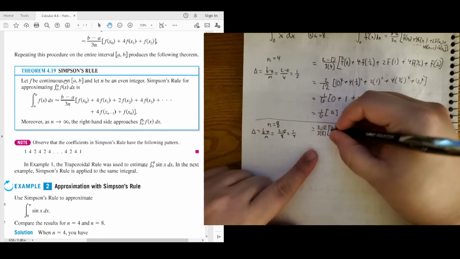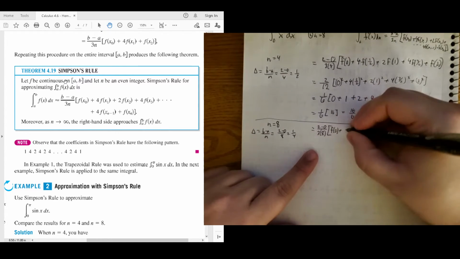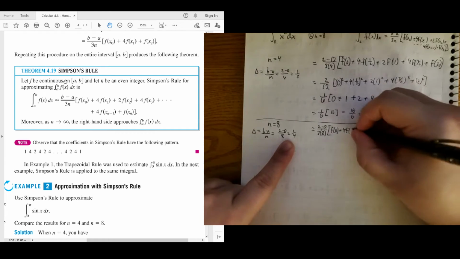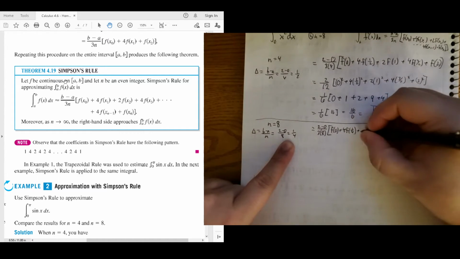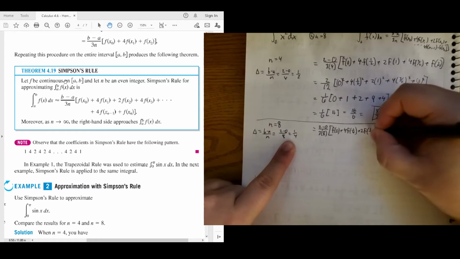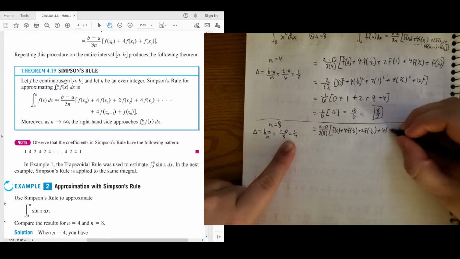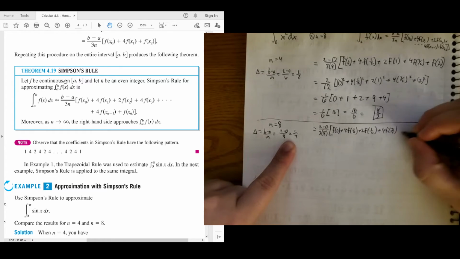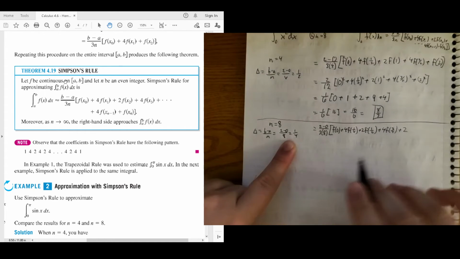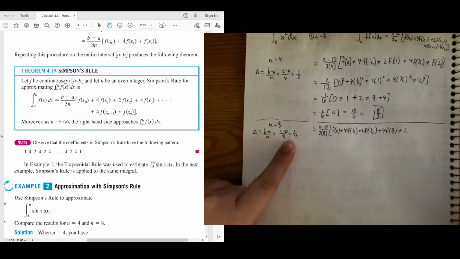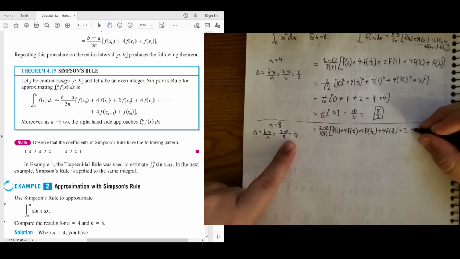So we would do f of 0 plus 4, f of 1/4, plus 2, f of 1/2, plus 4, f of 3/4, plus 2. Notice again, the first one is a 1, then 4, 2, 4, 2. And we'll continue this pattern until we get back to 4 and then get back to 1.